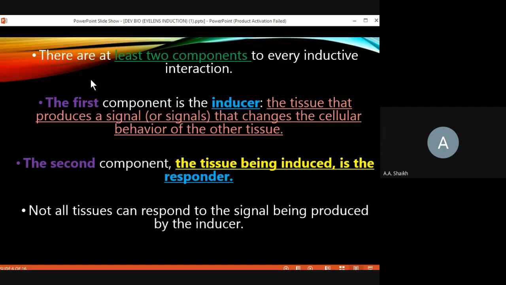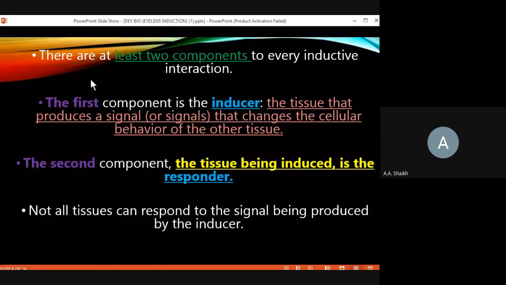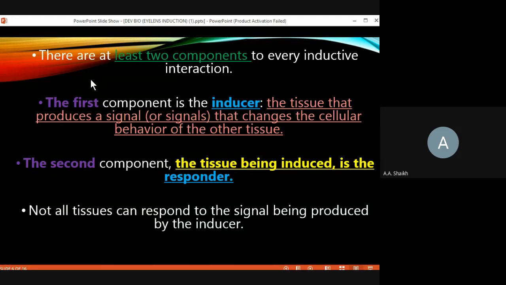The inducer is essential to carry out the changes in cell behavior of the other cell system, their morphological changes, cell migration and cell division. All these changes are carried out with the help of the inducer itself.